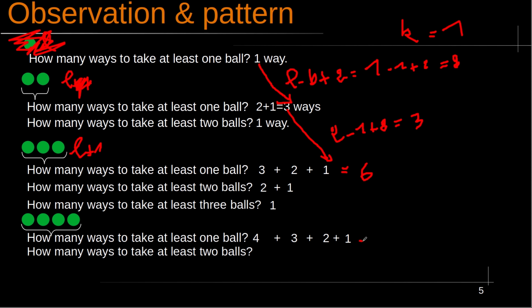Last one, here we have 10. This is L now, this is L plus 1. L, which is 3, minus 1 plus 2 is equal to 4. That's correct. You can verify for K equal to 2, K equal to 3, and add 5 balls here, and we will see that this formula is correct.